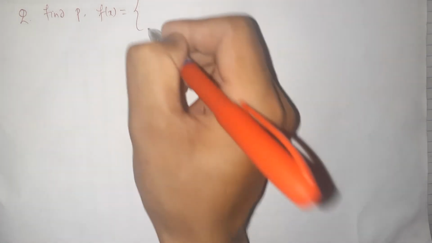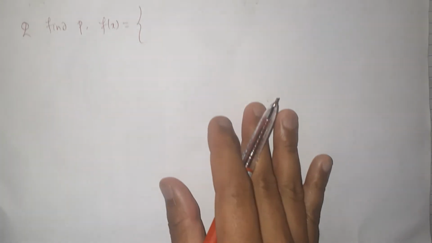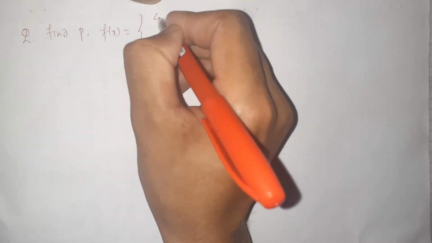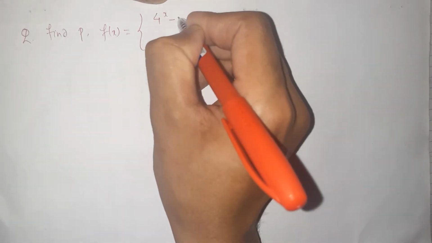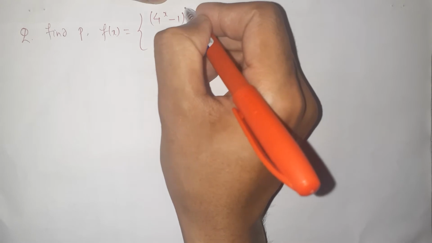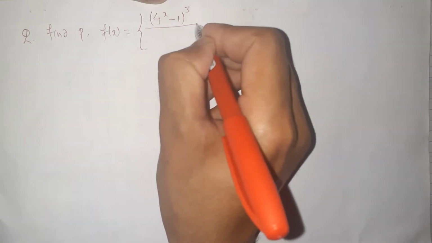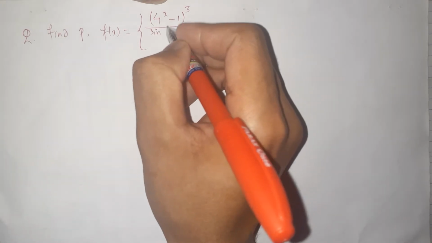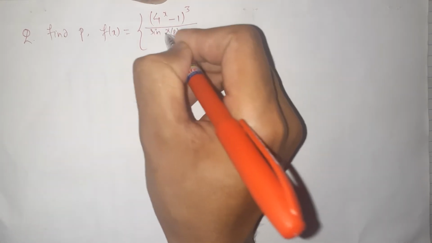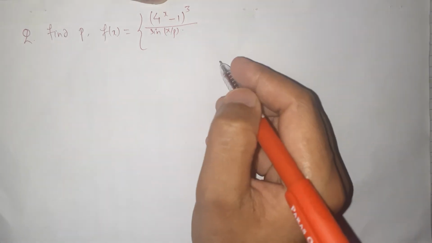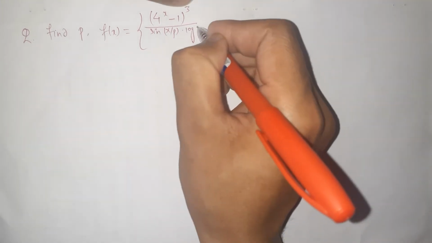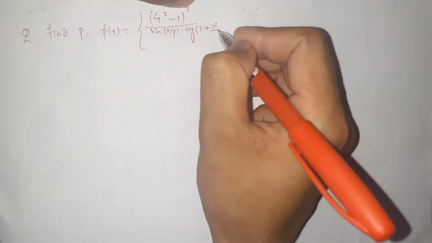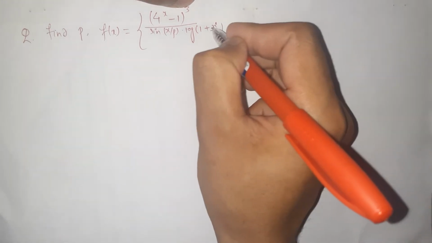f of x is given in piecewise form. It is defined as (4 raised to the power x minus 1) whole raised to the power 3, divided by sine x over p times log of 1 plus x square over 3.